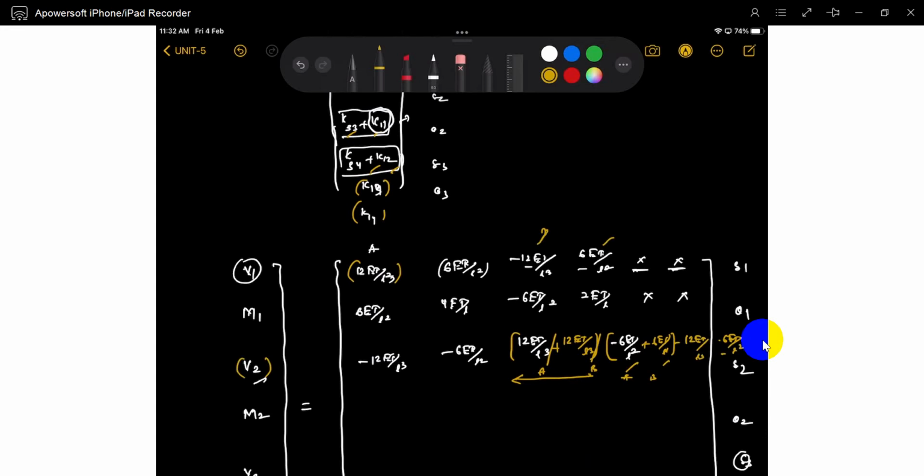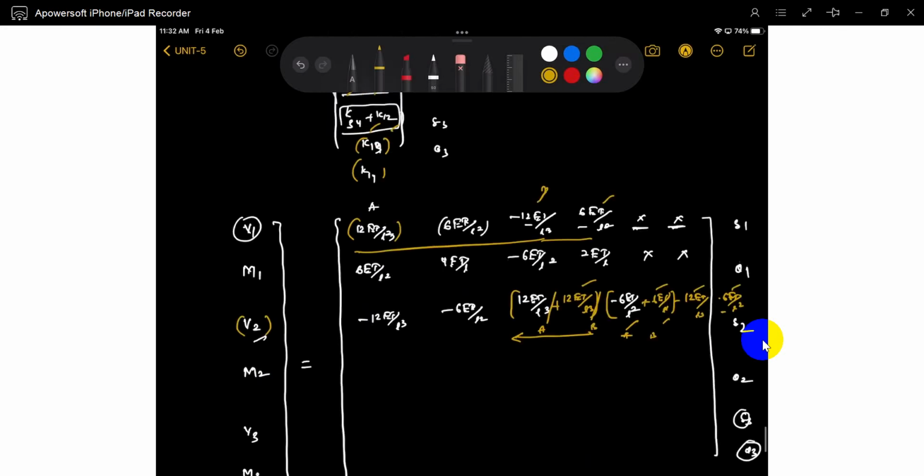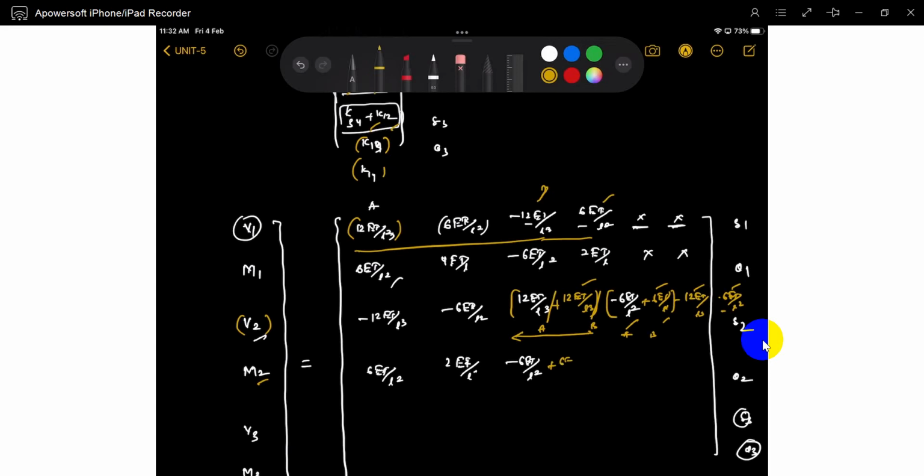So again see, just these four only for the B element. Just add it. For the M2, again the same: 6 EI by L square, 2 EI by L, minus 6 EI by L square. You have to add these values, 6 EI by L, for the B element.